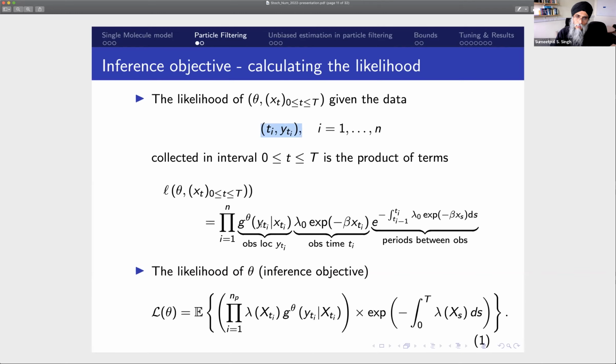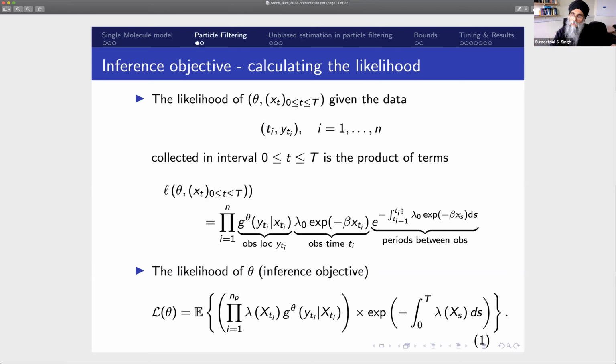It's a product of terms, and I'll explain each term separately. This accounts for the observation Y_{t_i} given X_{t_i}. This term accounts for the time of arrival t_i. As you can see, the deeper the molecule, the more unlikely it created that time t_i. And this term is an exponential of an integral between t_{i-1} and t_i.